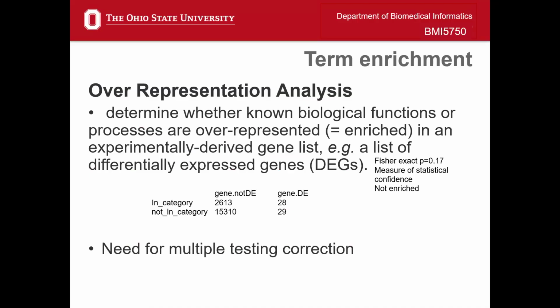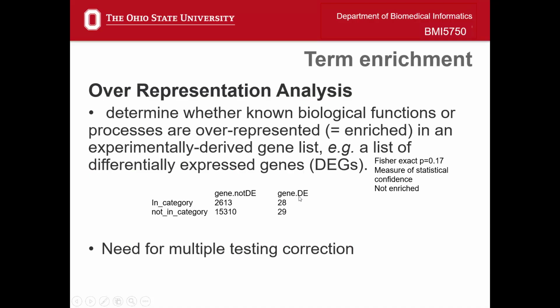Here we have 60 of them. We see there are 28 of these genes in the gene term. They're in the category. There's another 29 of our differentially expressed genes that are not in the category. So it seems like a 50-50 split, so I would predict our category is not enriched.